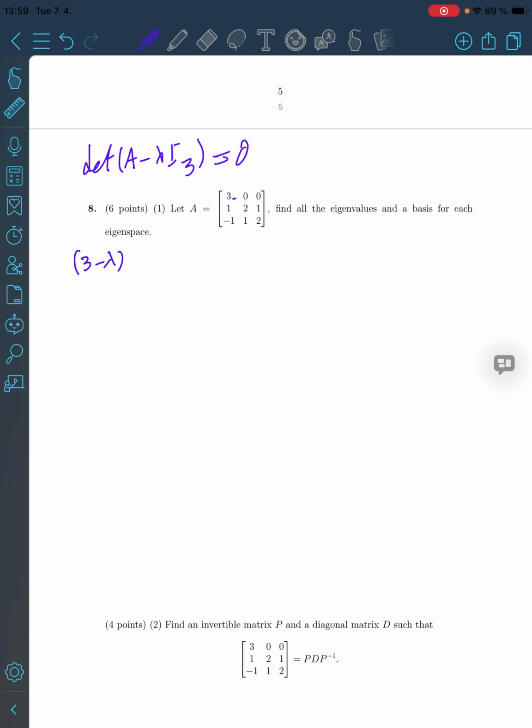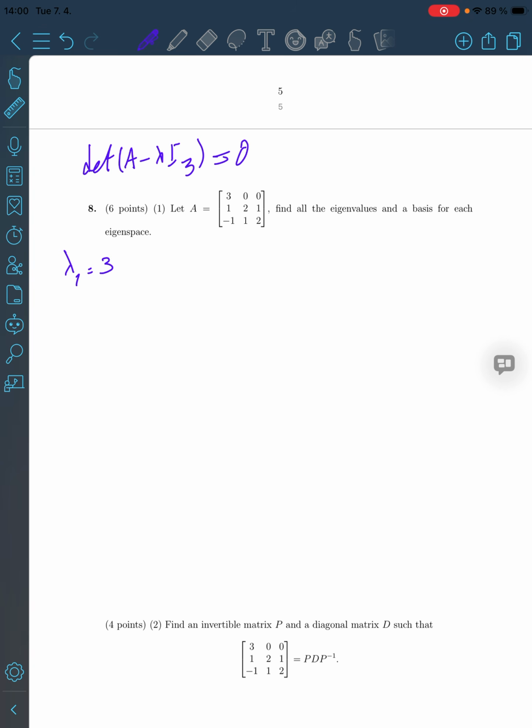It's easy to see that, because if you multiply negative 2 here, then determinant is going to be this times the determinant of this part is equal to 0. Therefore this factor can be 0. Therefore one of the eigenvalues, for example lambda 1, is always 3.